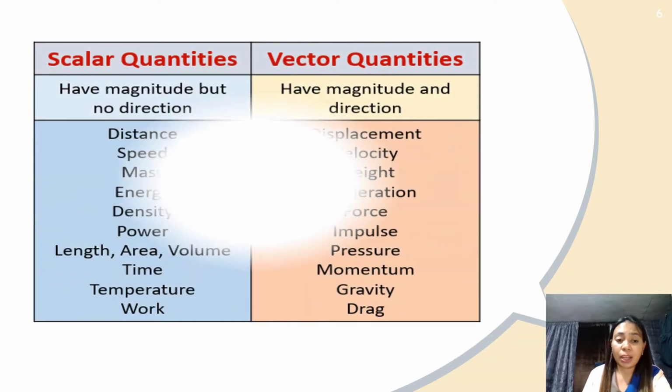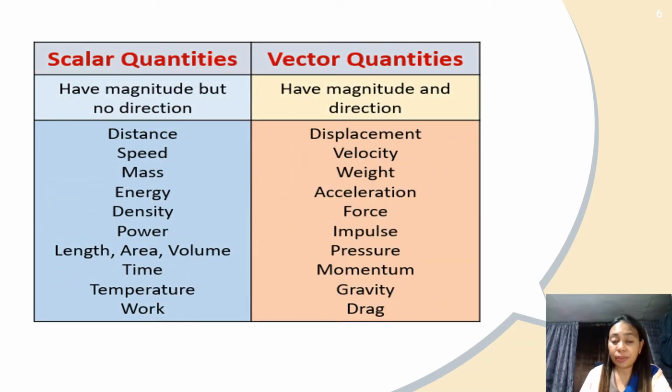So now let us have some examples of quantities that are either scalar or vector. Scalars have magnitude but no direction.